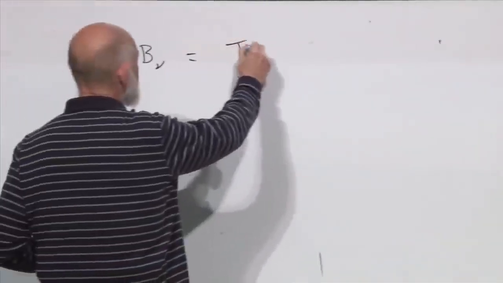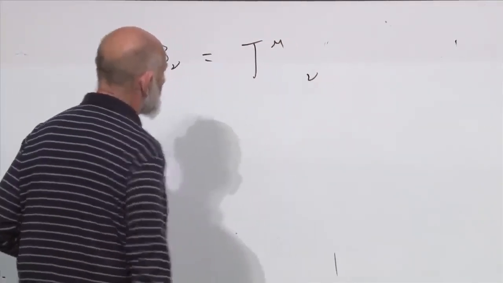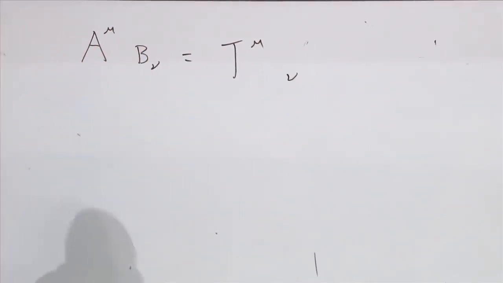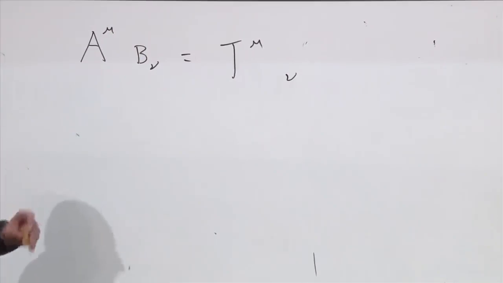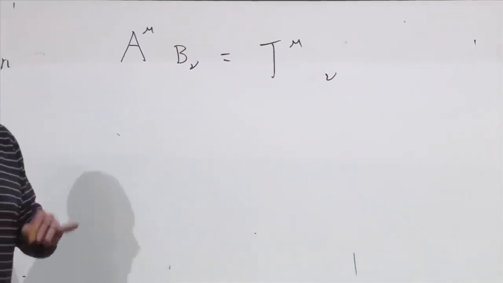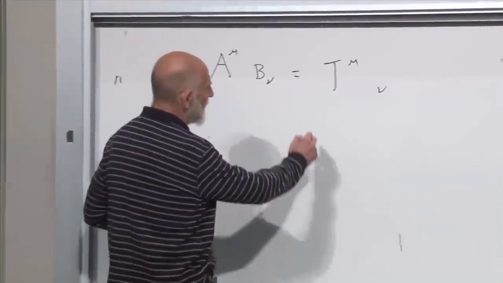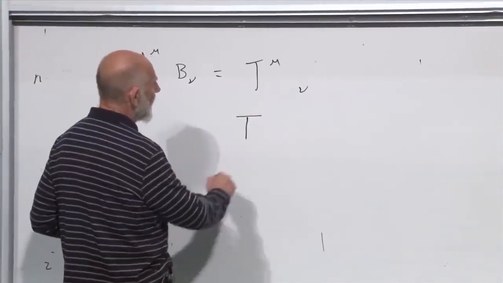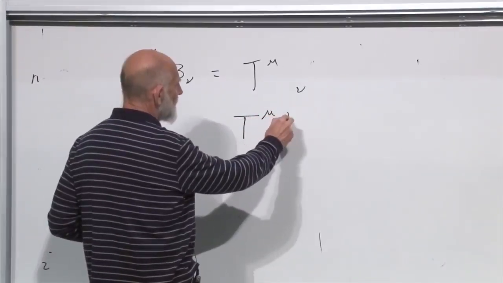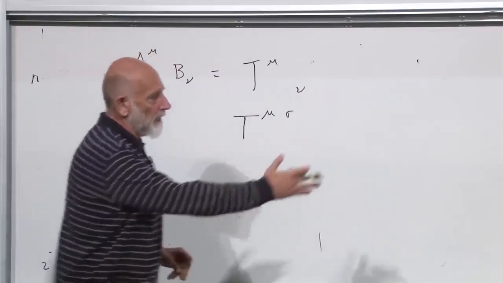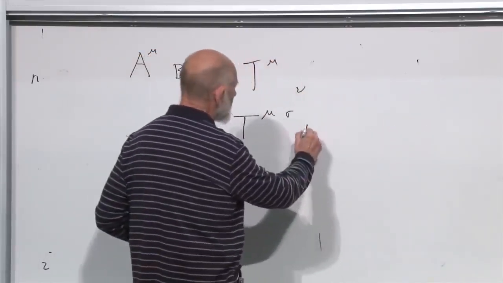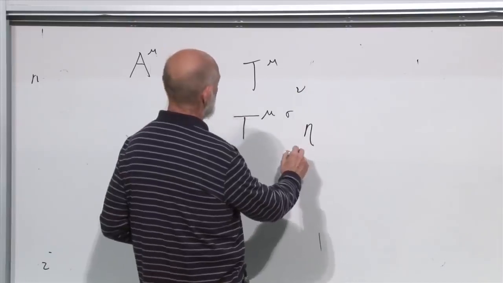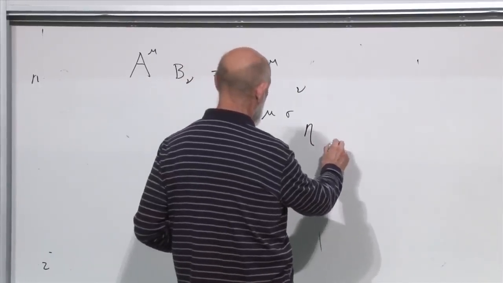For example, A mu B nu. That would be some tensor with one index upstairs and one index downstairs. How does it transform? Never mind, you don't need to worry about it, because I will tell you immediately that this tensor is given by T mu sigma, which you know how to transform, times eta nu sigma.